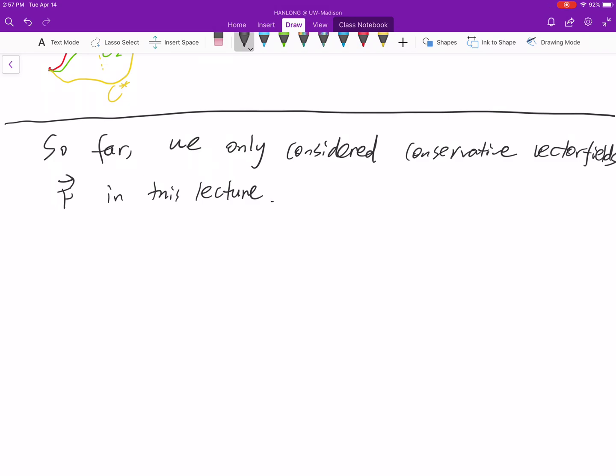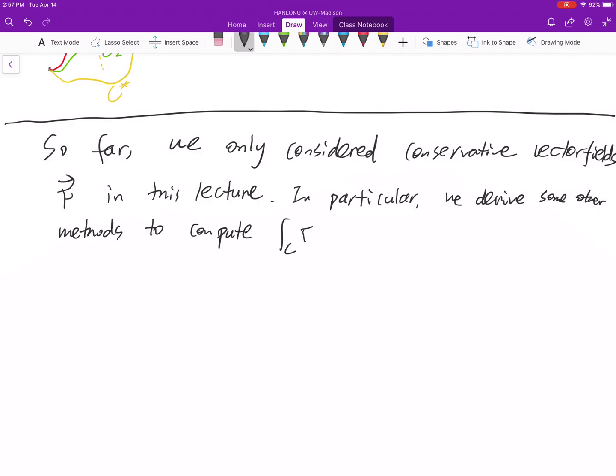In particular, we derived some other methods to compute the line integral of the second kind besides the one by definition. For example, we show that you can first compute the potential function and then evaluate, or you deform the path. But that's only true for conservative vector fields.